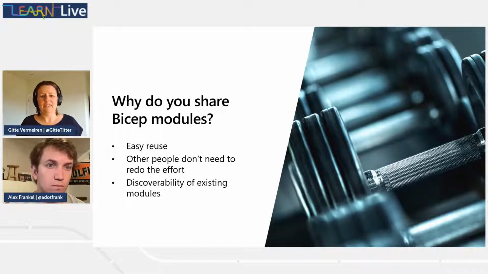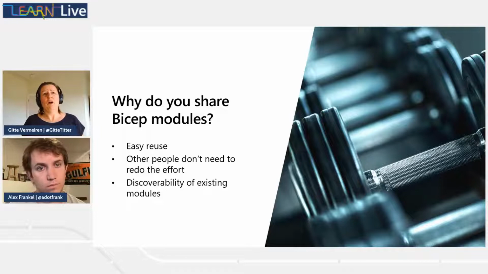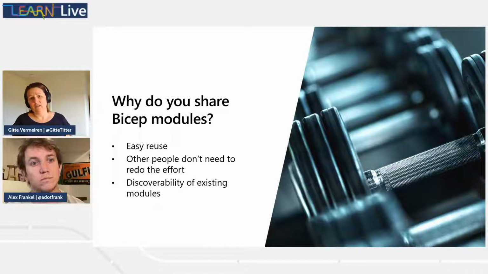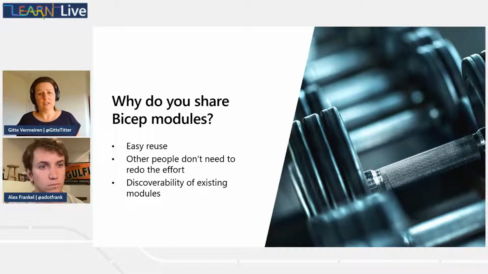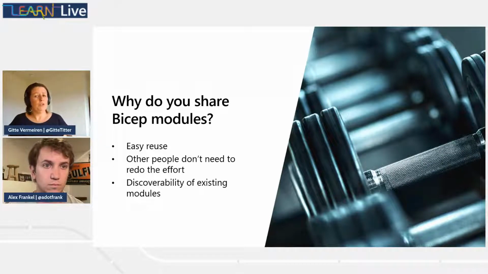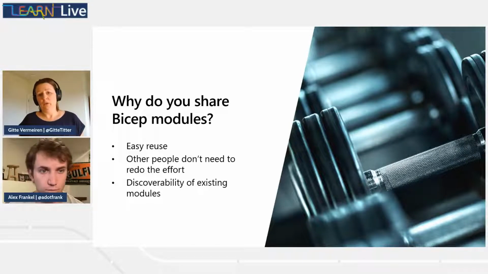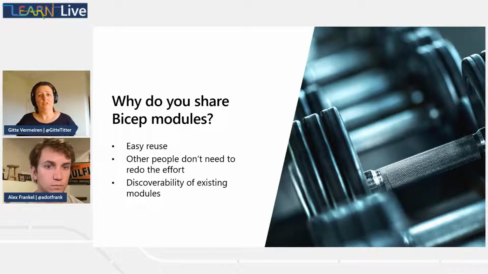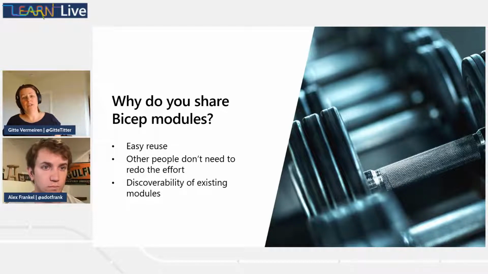It's the ease of reuse that you want to go for, but also the discoverability. If you use a module registry and you centralize that somewhere, when people want to deploy new stuff, they can just go to the registry, look at what is already there, and based on what they find, say, hey, this is something I can reuse, and take it off the shelf and use it in my own deployment.